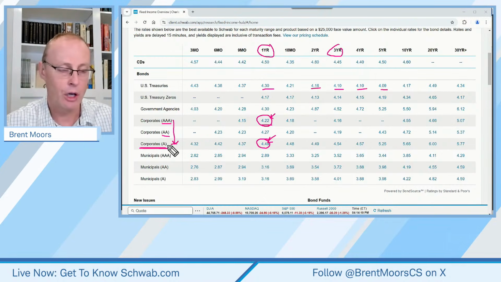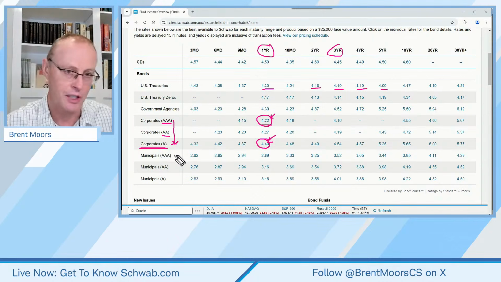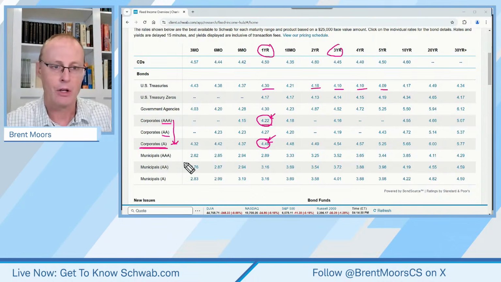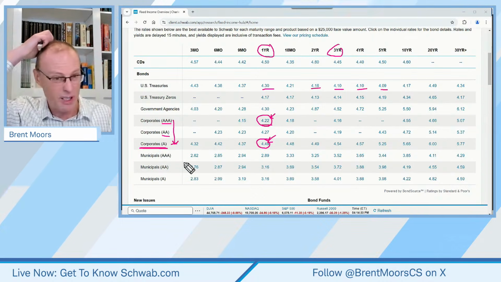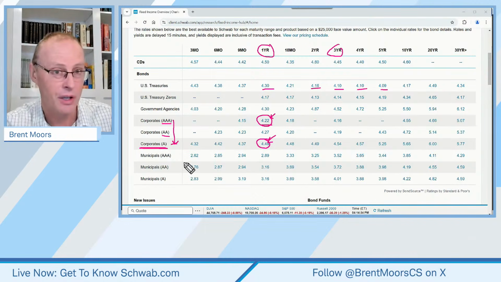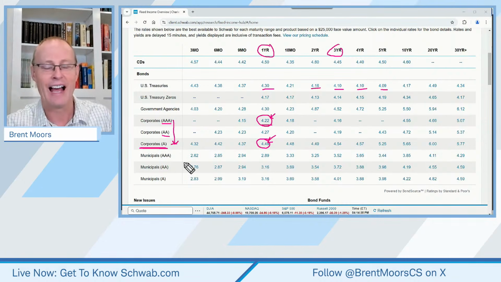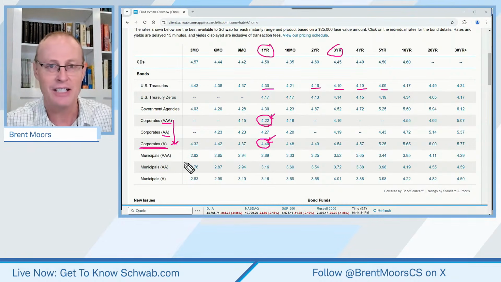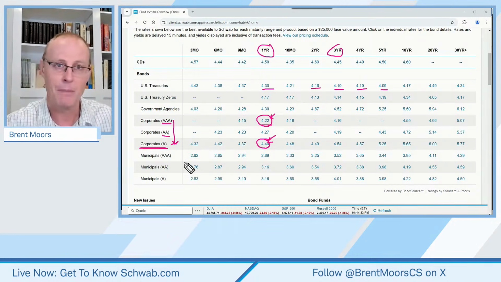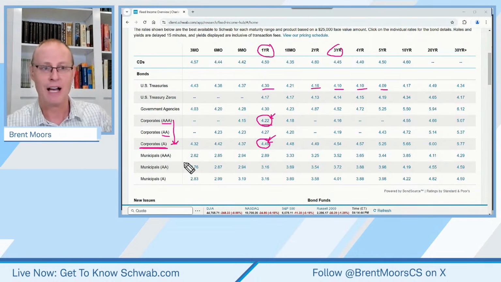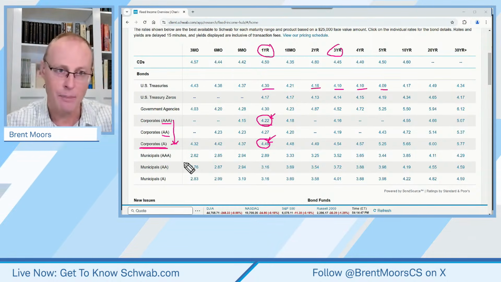Now, you can go down, there's B bonds. We don't list them here, but you can go to double B, B, you can go to C bonds, C plus, whatever. But at a certain point, you get down to what we'd call high yield bonds, also known as junk bonds. They typically pay a much higher rate, because they're lower quality bonds.